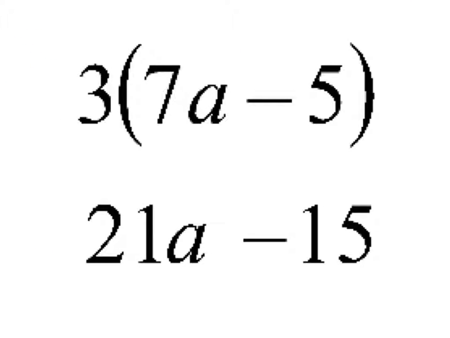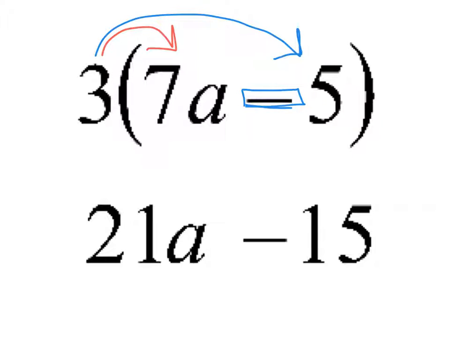Next, we have 3 times 7a, and then we've also got 3 times negative 5. This is very important to remember that little negative right there. We need to not make simple transposition errors of forgetting our negatives.